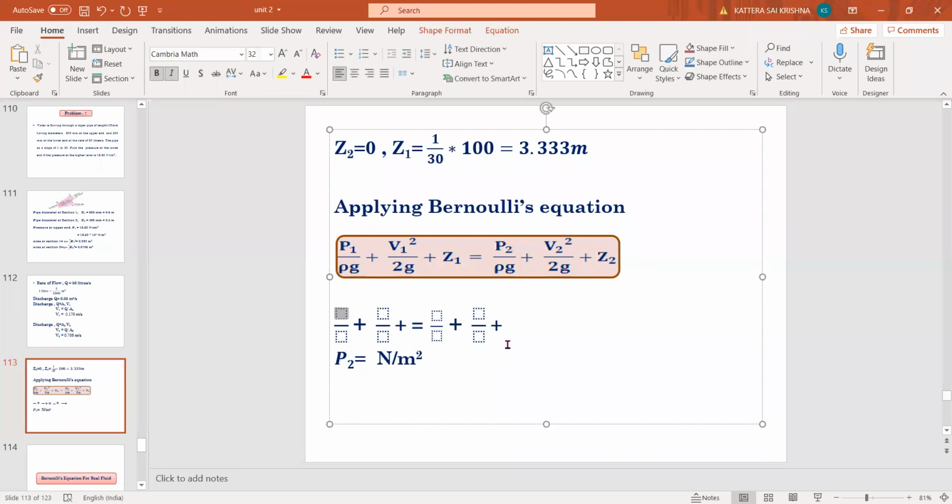Substitute the value of P1. What is P1? 19.62 into 10 power 4.